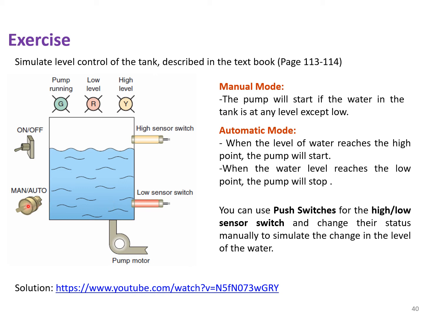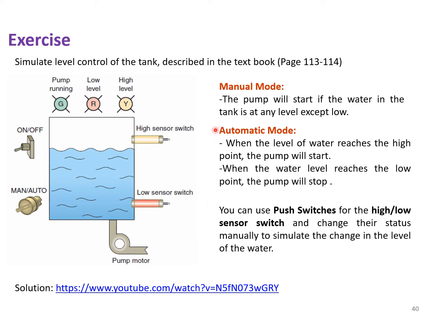Once we are in the manual mode, if we switch the on and off switch to on, the motor should start pumping water out of the tank if the level of water is not at low. At any level, we should be able to manually turn on that motor.